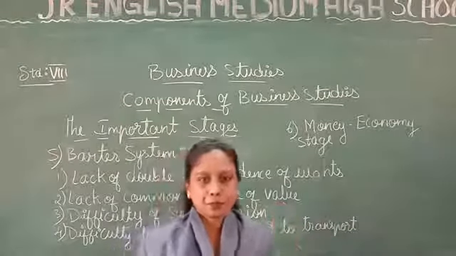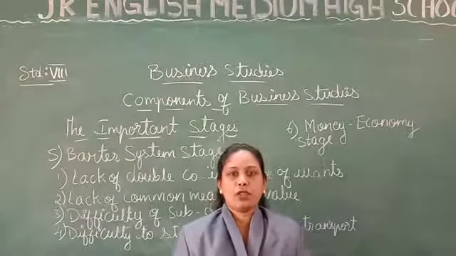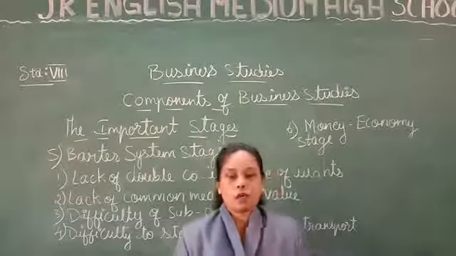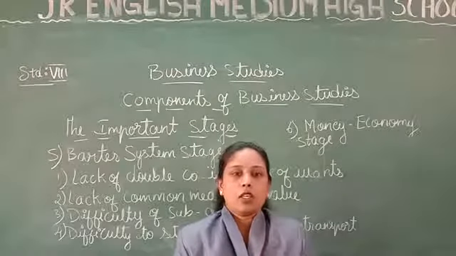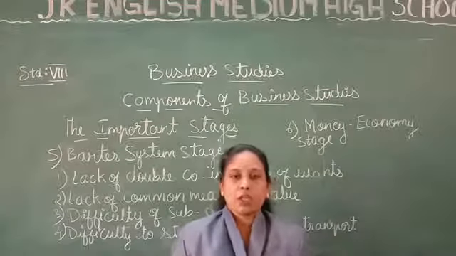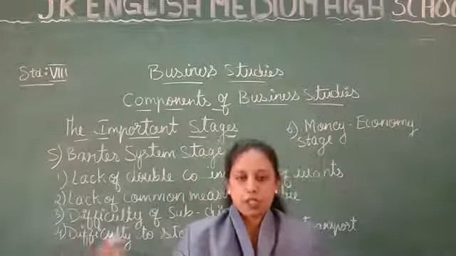If two people exchange goods with each other, we call it coincidence of wants. For example, I have produced wheat, and another person has also produced wheat.